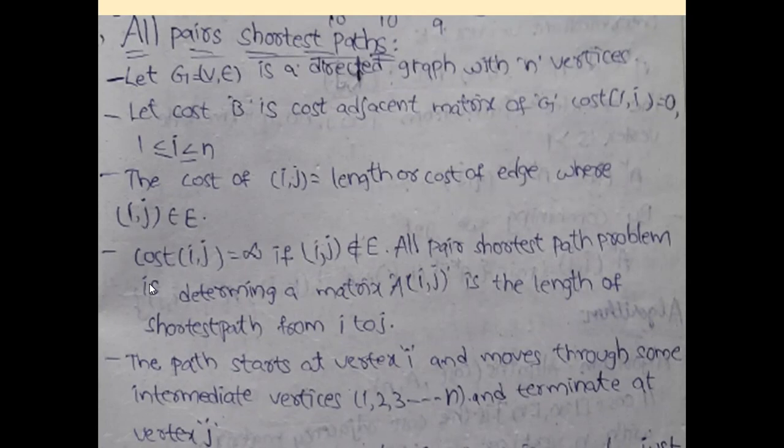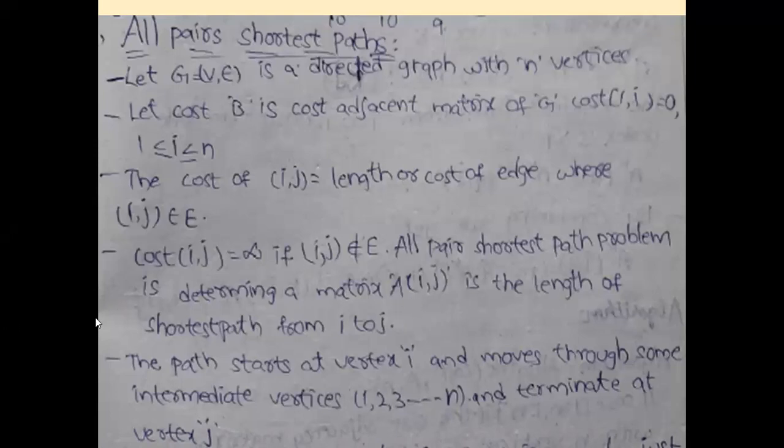If i comma j does not belong to E, where E represents the set of edges, that is the edge is not present in the graph, it is represented by infinity.